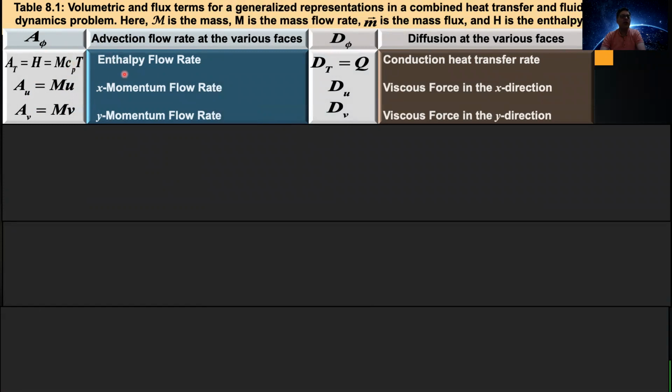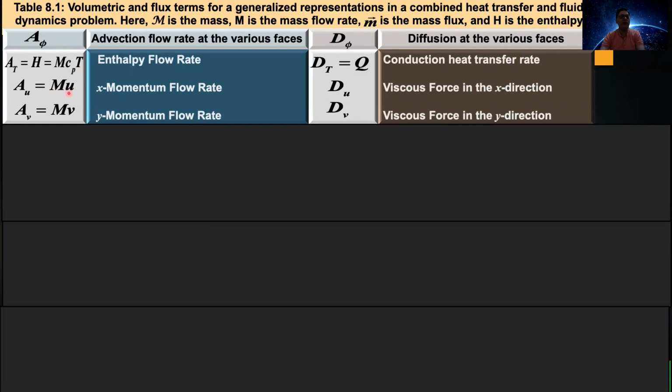I had shown in the previous topic that the enthalpy flow rate is expressed in terms of mass flow rate into specific heat into temperature. This is analogous because the mass flow rate is a driver. When you multiply it by specific heat and temperature, it gives you enthalpy flow rate.